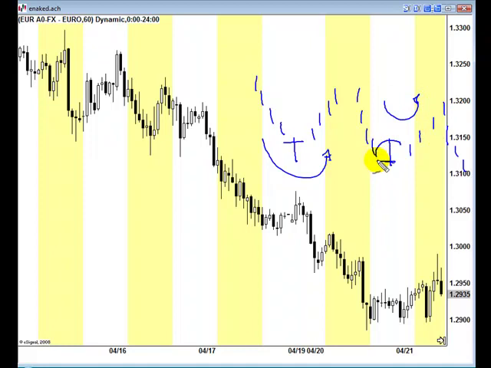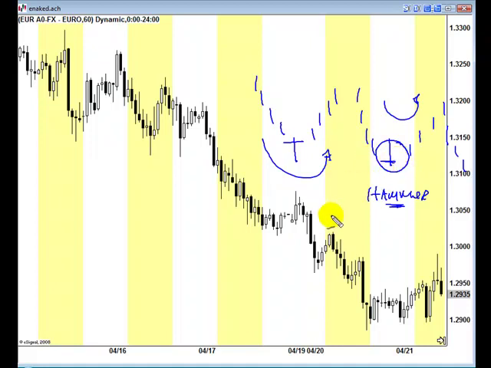Now that candle there is called a hammer. I had to look at my notes there for a while. That's called a hammer candle because it looks like a hammer. And what they often say is that candle's hammering out the bottom of the trend. It hammers out the bottom. And that little pattern there is called a hammer pattern, and that can also take place at the bottom.